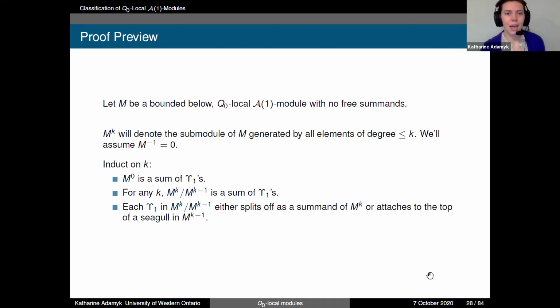So M to the K is going to denote the submodule of M generated by all elements of degree less than or equal to K. And we'll assume M-1 is 0. So we'll induct on K. First, I'll show if we look at the things generated by the classes in degree 0, then we get a sum of 1 Seagulls. Then at each stage, MK mod MK minus 1 will be a sum of 1 Seagulls. And we have to solve an extension problem from the flock of Seagulls we already have to the new Seagulls that we're introducing.